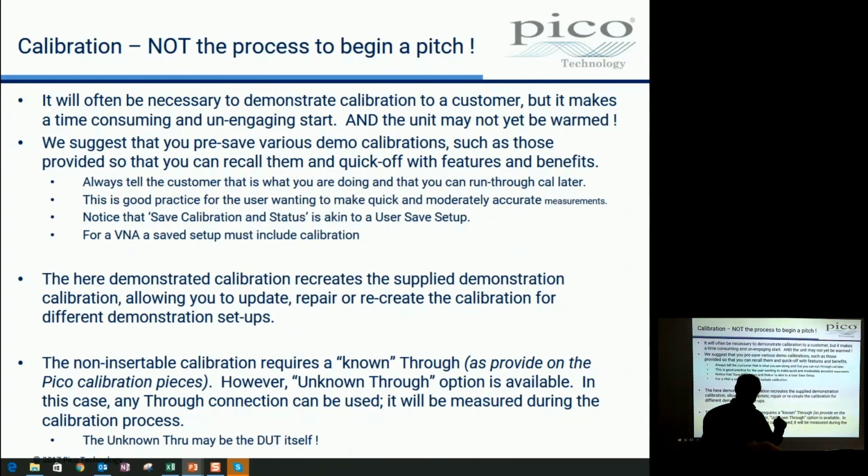Not every VNA supports it, but we do. So it's an important marketing aspect. The unknown through can be literally anything. If you were testing cables, it could be a cable. If you're testing amplifiers, it could be an amplifier. The unknown through is a matter of convenience, especially when you don't have a known through.